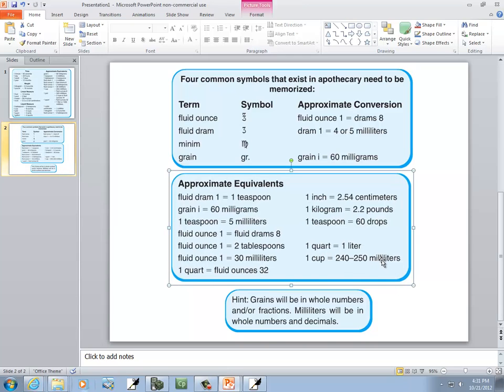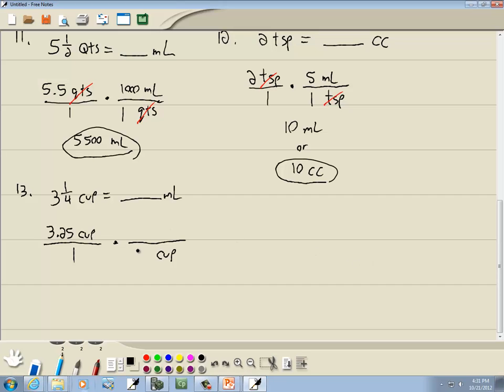You know, each cup is maybe a little bit different. I'm going to use, I don't know, 250, I guess. So 1 cup is 250 milliliters. Those cups cancel. And let me plug that in my calculator, 3.25 times 250. And we get 812.5 milliliters. Now 0.5, that'd be a half, so I could write it in fraction form.